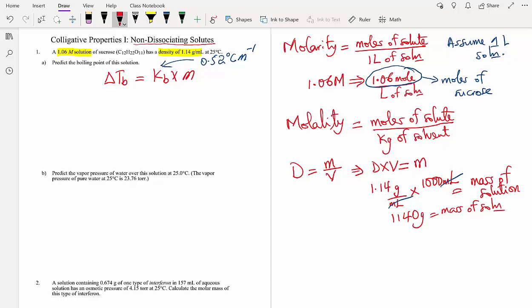Now, to find the mass of the solvent, we need to know the mass of the solute, because we know the moles of the solute. So if we have 1.06 mole of sucrose, from the periodic table, we know that 1 mole of sucrose would have a mass of 342.30 grams.